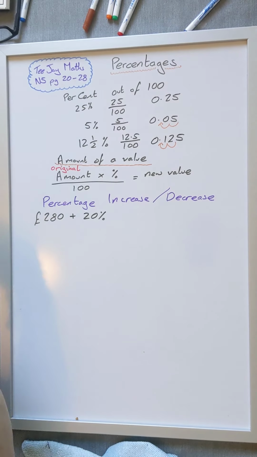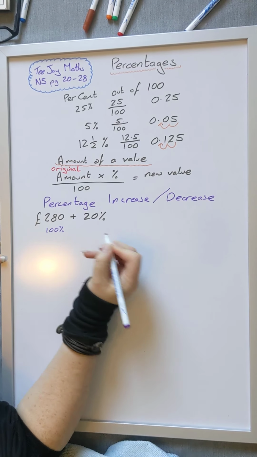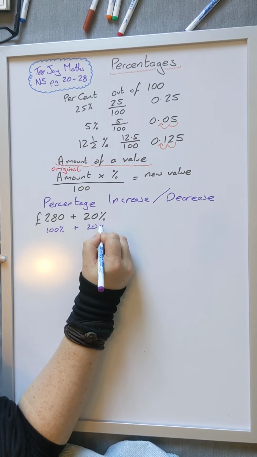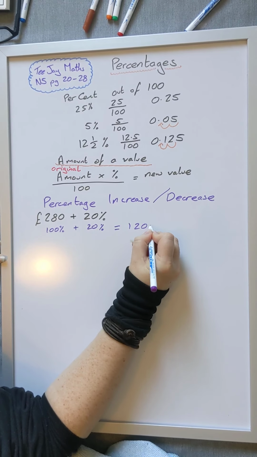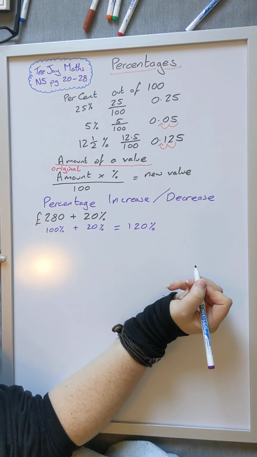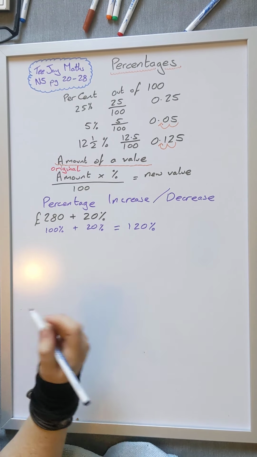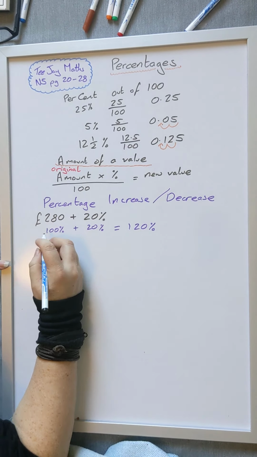That's our 100%. And we're going to add on another 20%. So what we're actually looking for is 120%. We now need to convert that into our decimal and put it back into our question.